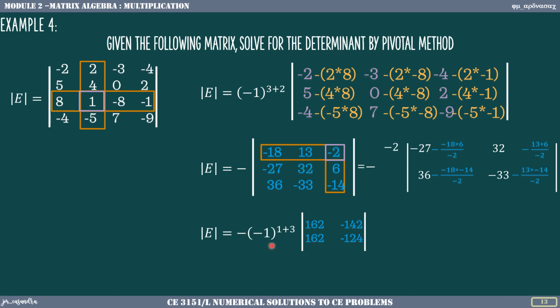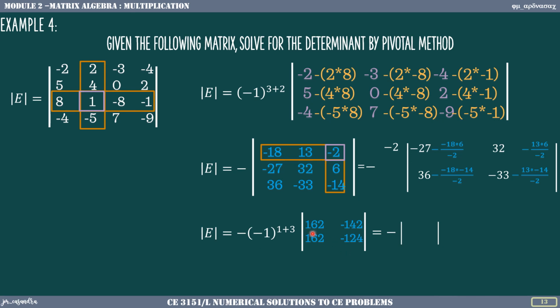So this negative 1 raised to 1 plus 3 comes from the position of our chosen pivot element for the second procedure, element 1, 3. And that will give us a positive value. So therefore, negative times positive will still give us a negative value.